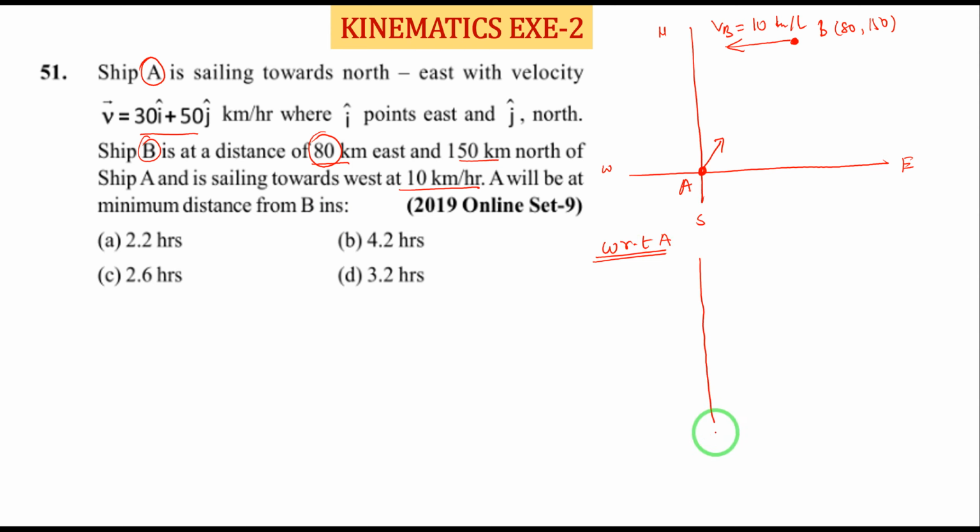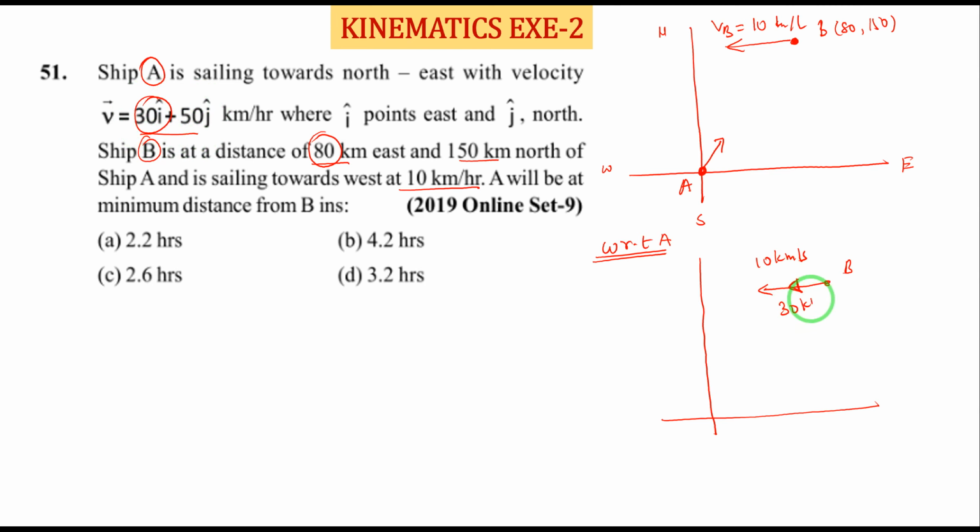So new diagram will be, this is B. B has its own velocity of 10 km per hour, but A has velocity of 30 km per hour on the right side. So we have to give it in opposite direction.